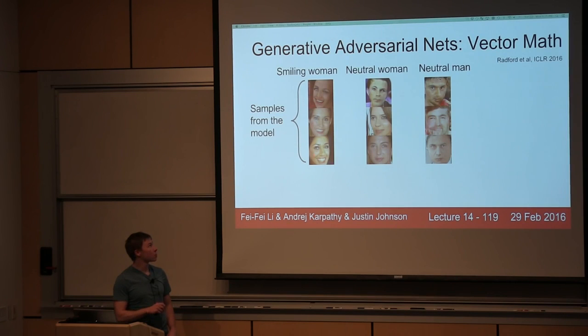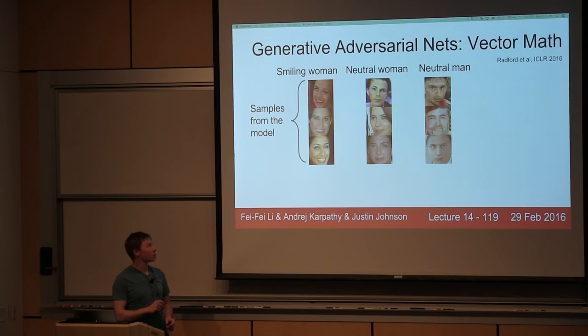So here, these would be three images generated from the network that all kind of look like a smiling woman. Those are human-provided labels. Here in the middle are three samples from the network of a neutral woman that's not smiling. And here on the right are three samples of a man that is not smiling.